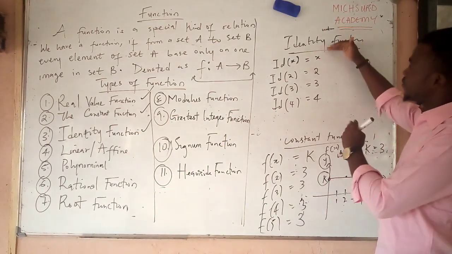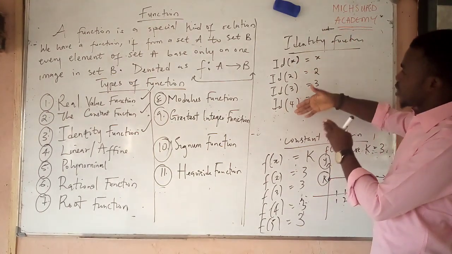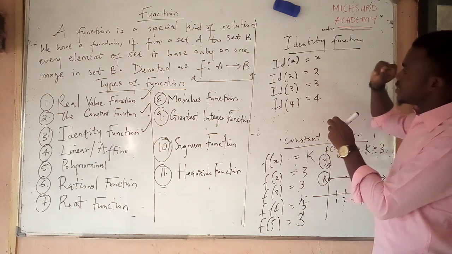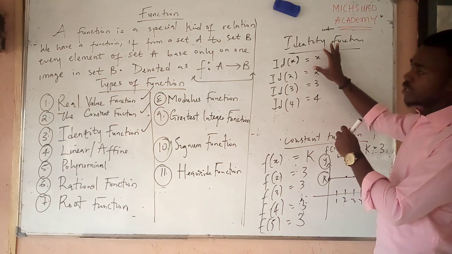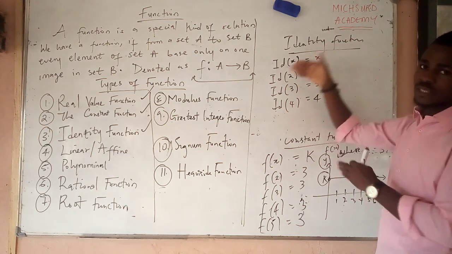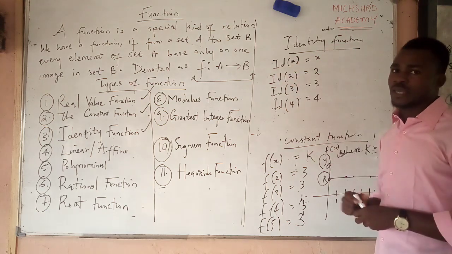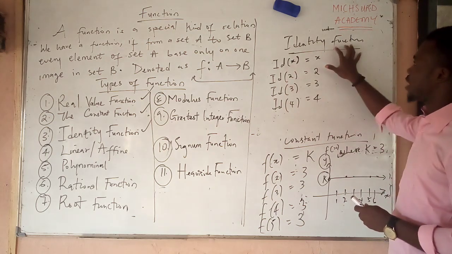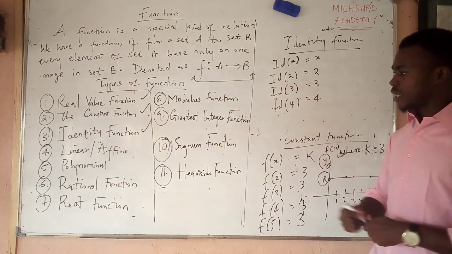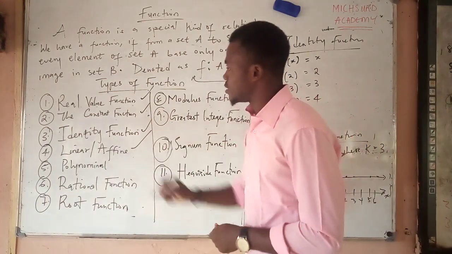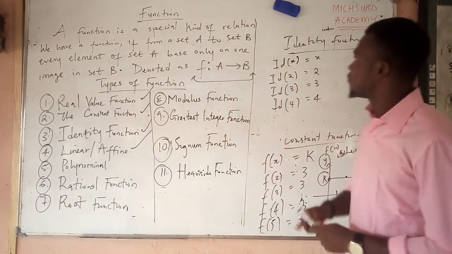But for the identity function, different inputs give us the same corresponding output, meaning the output is just the same as the input. So we refer to such a function as the identity function. Then the next on the list is the linear or affine function.